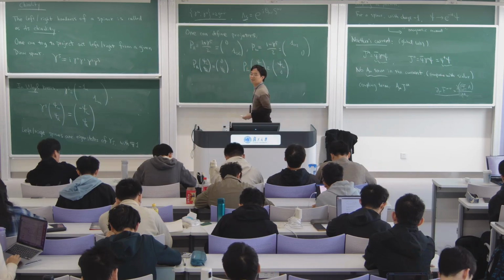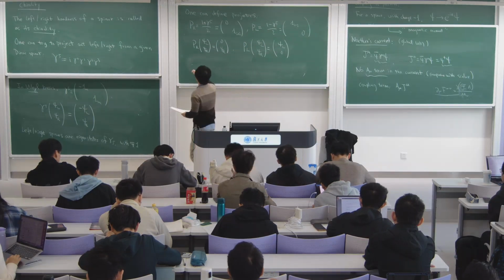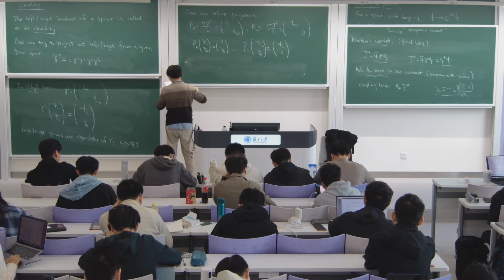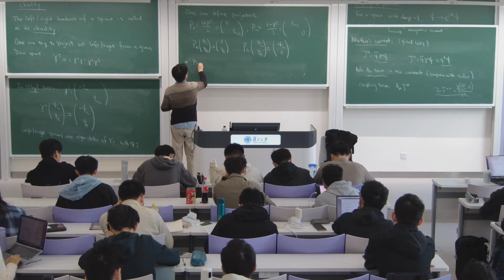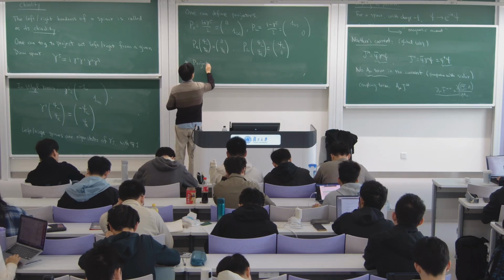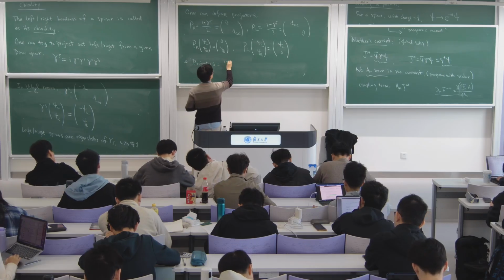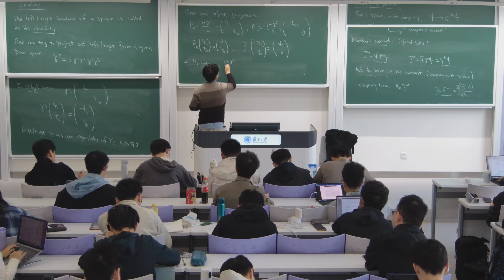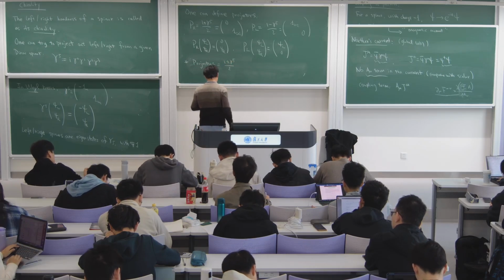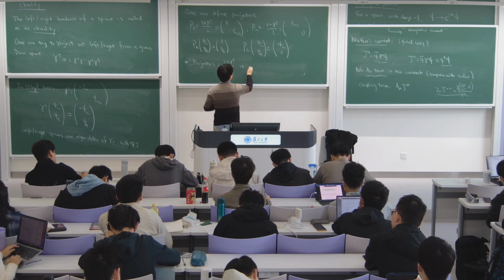Okay. Now let me emphasize it again. Last point, the projectors. The definition of the projector, 1 plus minus gamma phi over 2, is phase independent.